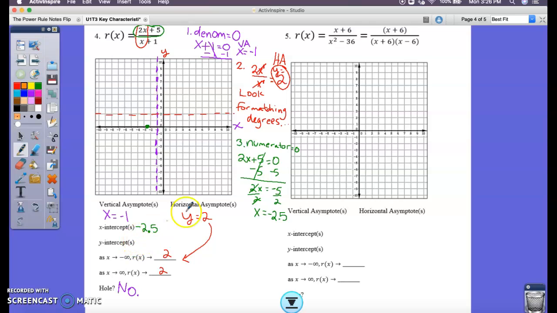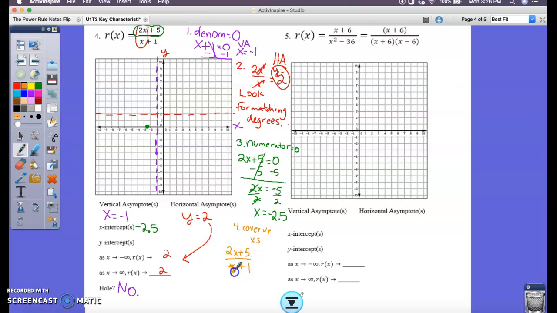I love y-intercepts because the y-intercept step is where I cover up my x's, because I'm going to plug 0 in for them. So 2x plus 5 over x plus 1.